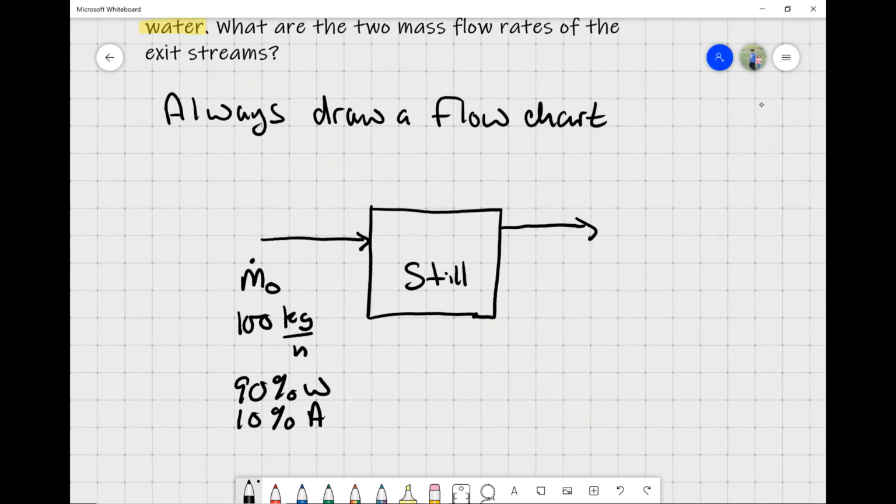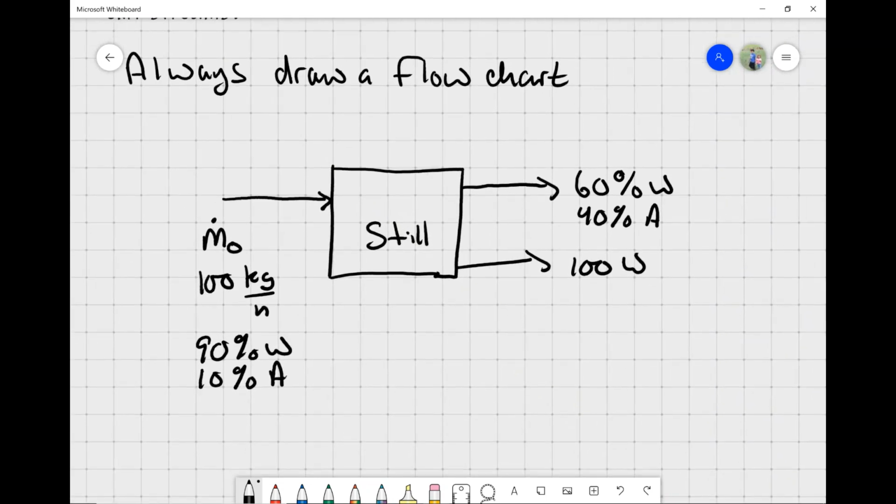And so we had an upper stream that was 60% water and 40% alcohol. And then we had a bottom stream that was 100% water. Okay, so now it may help to also specify that this is by mass.